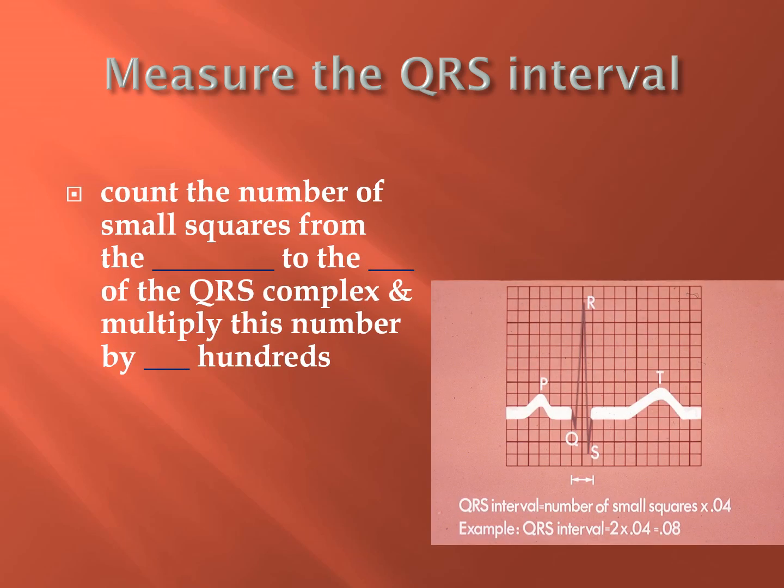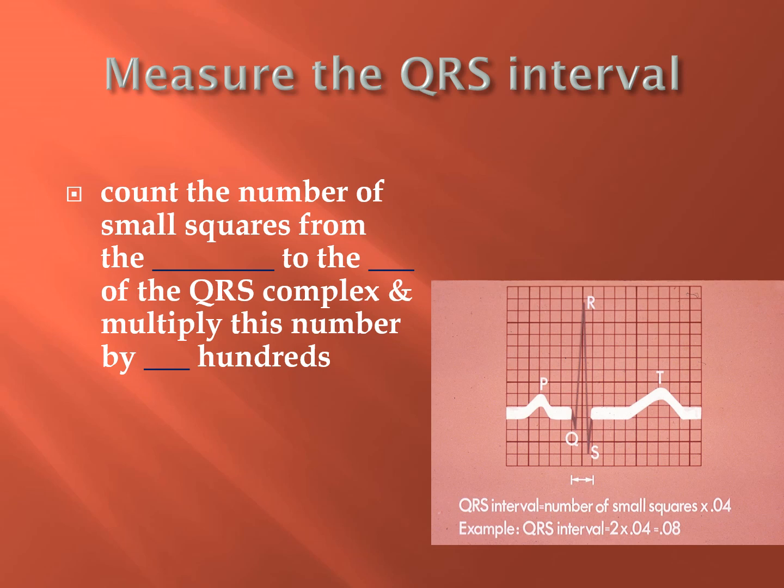We count the number of small squares from the beginning to the end of the QRS complex and multiply this number by 0.04. So it's the number of small squares times 0.04. If we have 2 small squares like you see in the graph there, we multiply that by 0.04, which means we're at 0.08.